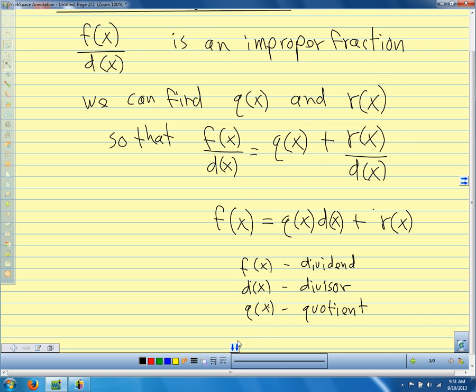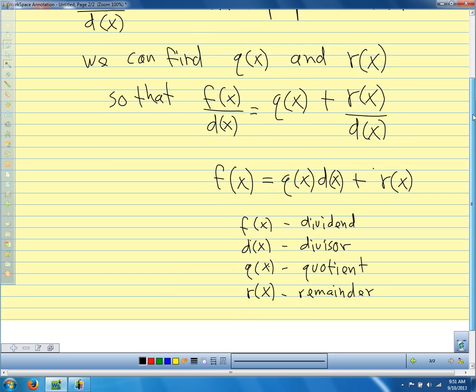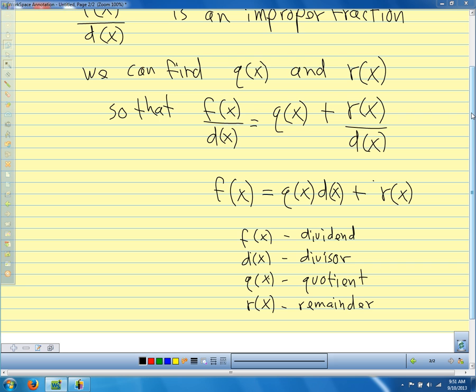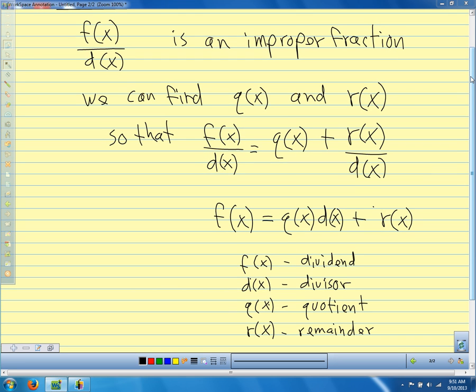And r of x is the remainder. So when you see those words, I just want you to know the book likes to use the technical terms. You might be asked about the quotient or the remainder, the dividend. I just want you to have some idea of what those terms mean.